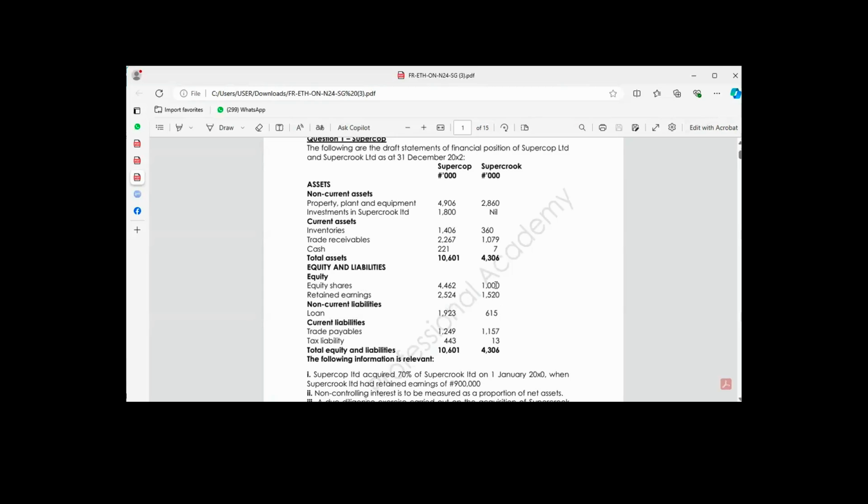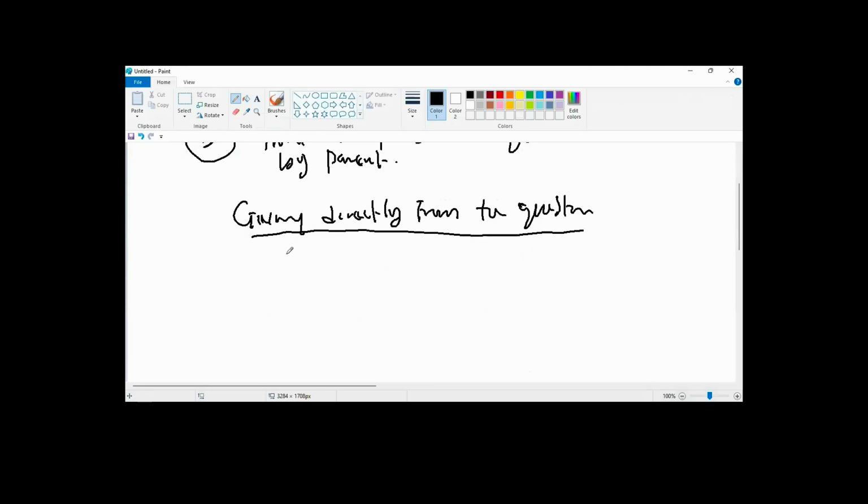Now, they've given me the group structure. What is the nominal value? It does not give me the nominal value. I will assume it is 1 naira. So with this, for the group structure, I will say parents 70%, NCI 30%.